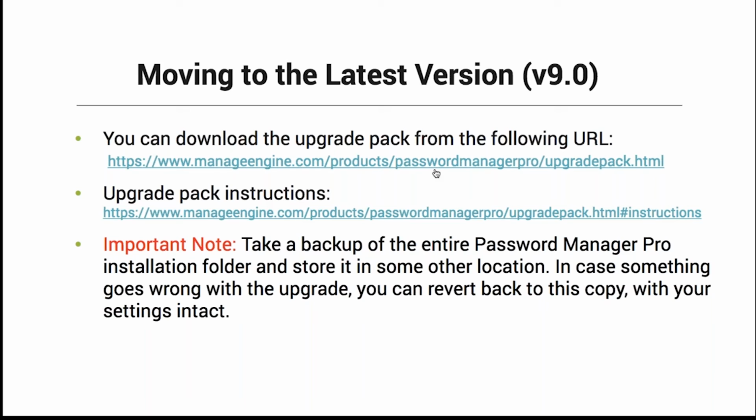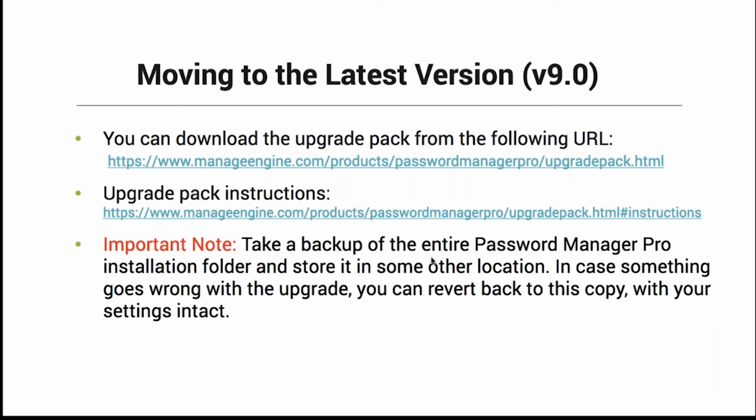Most importantly, you have to take a backup of the entire Password Manager Pro installation folder and store it in a different location. In addition, if you're using MS SQL database as backend, we request you to take a backup of the database separately as well. Make sure both the application and database are backed up separately in a different location.